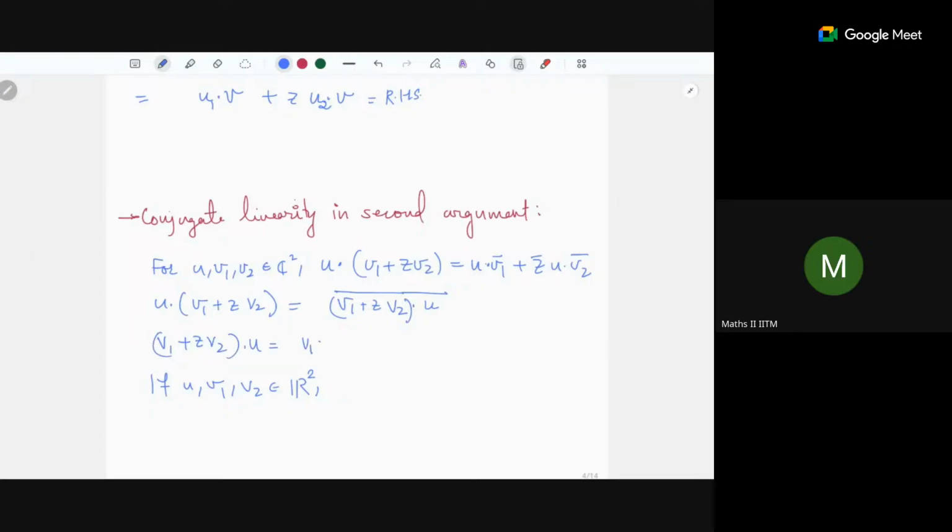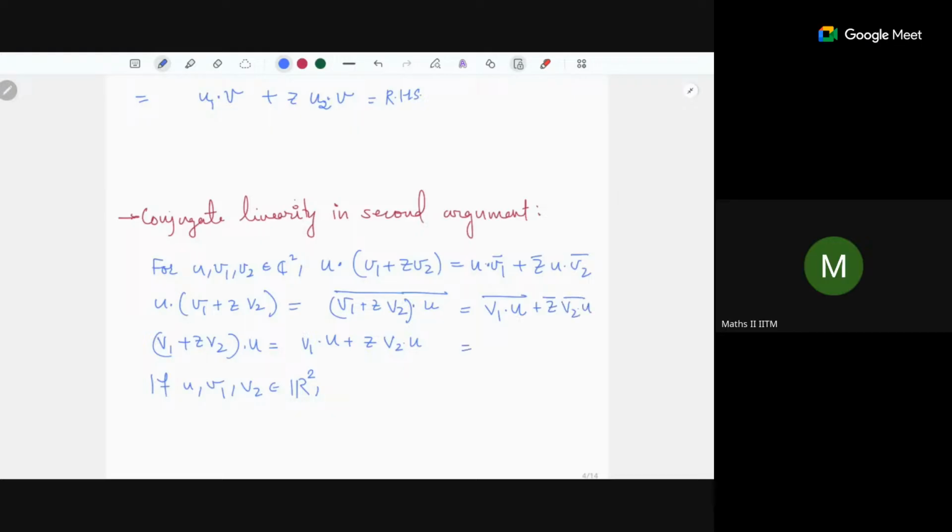So you will get v1 dot u plus z v2 dot u. Now you put it back in the conjugate. These are complex numbers, so this is a sum of two complex numbers, and the conjugate behaves well with the sum. So you will get the conjugate of v1 dot u plus z bar times the conjugate of v2 dot u.